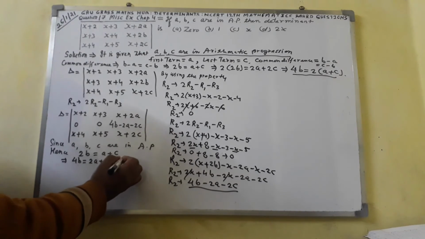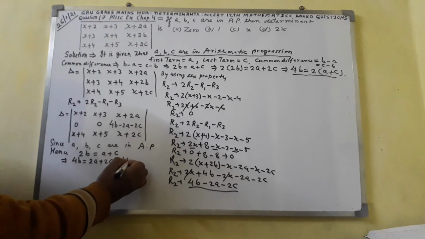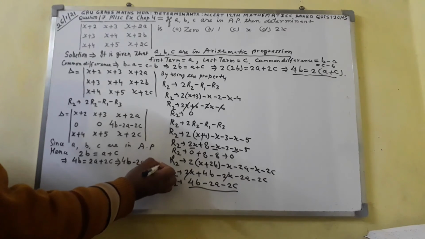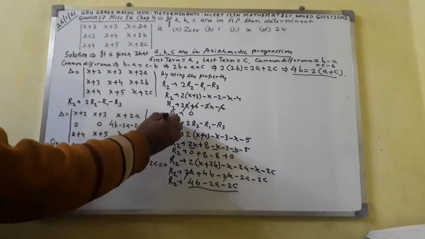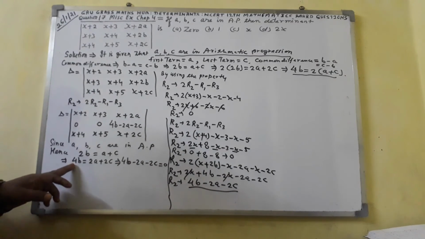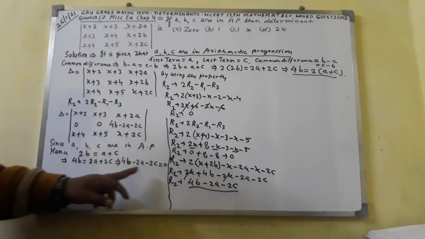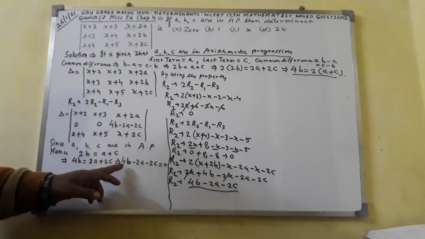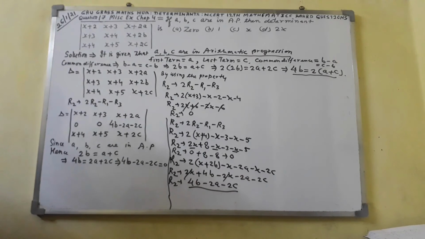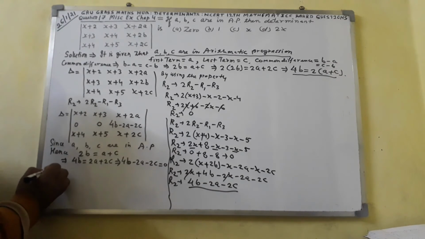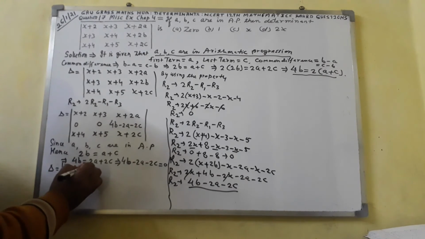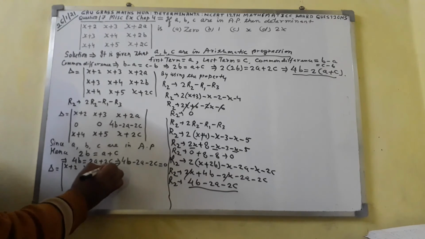Implied that 4b minus 2a minus 2c comes out to 0. Four b minus 2a minus 2c comes out to 0. So here I can write delta equal to x plus 2, x plus 3, x plus 2a.